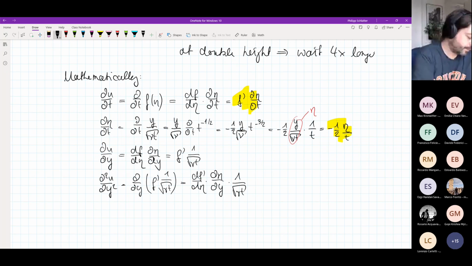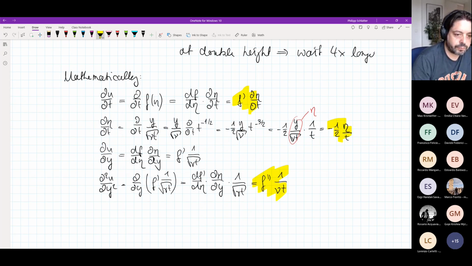So this becomes f double prime, and then d eta dy times 1 over square root of nu t just becomes 1 over nu t. So this would now be the second derivative.